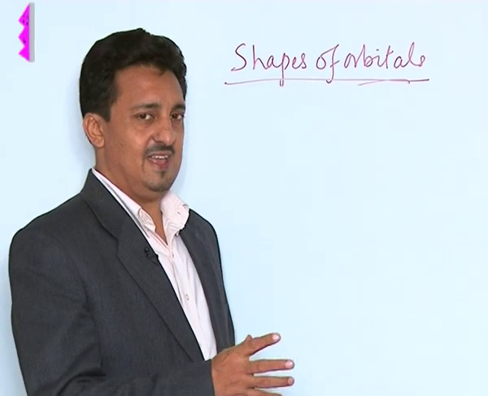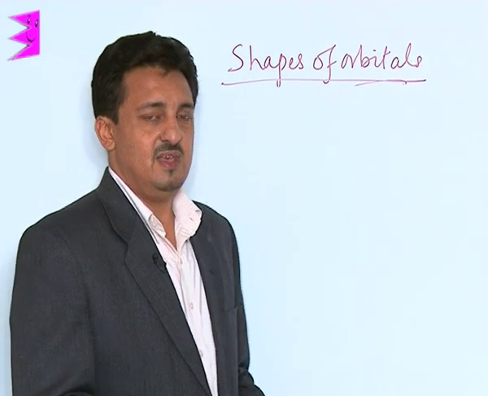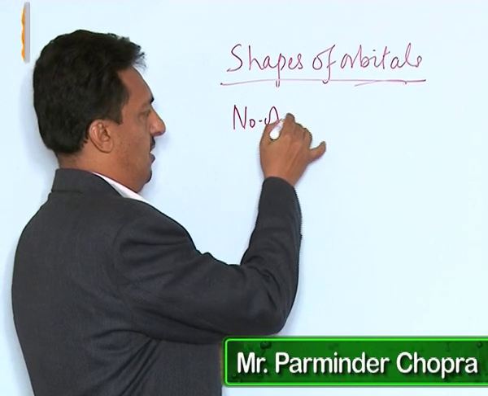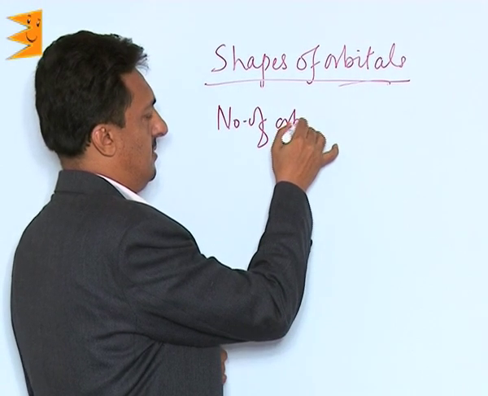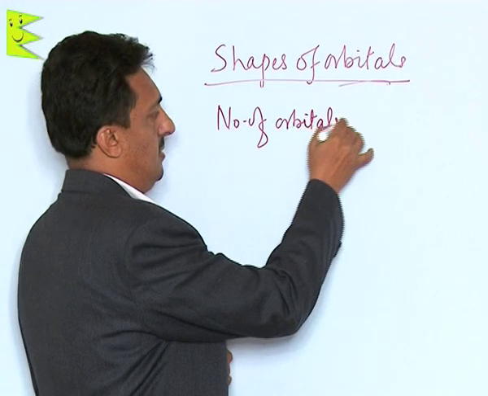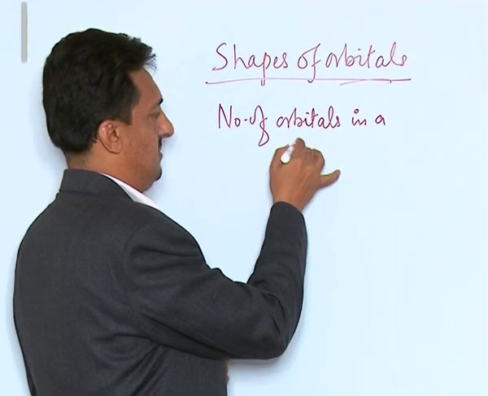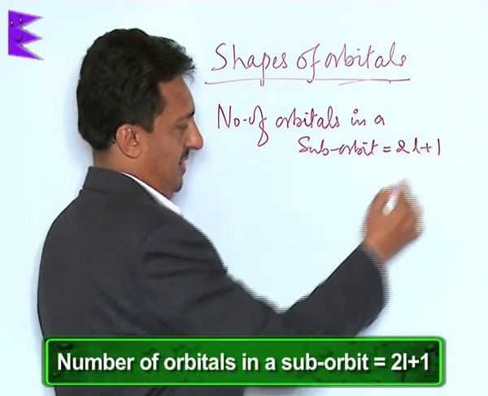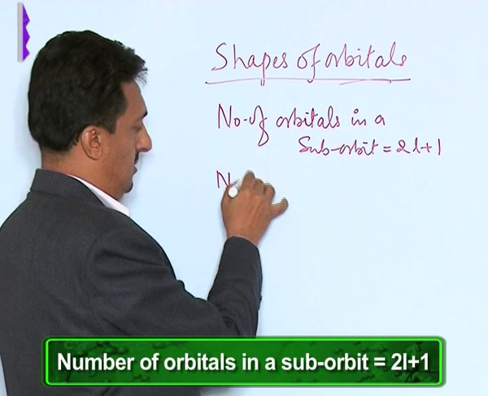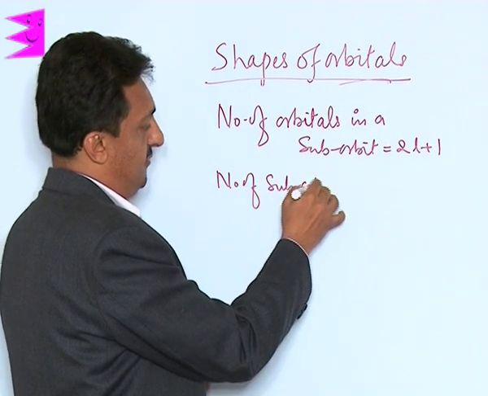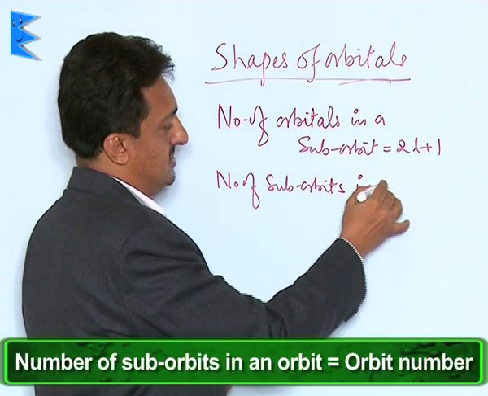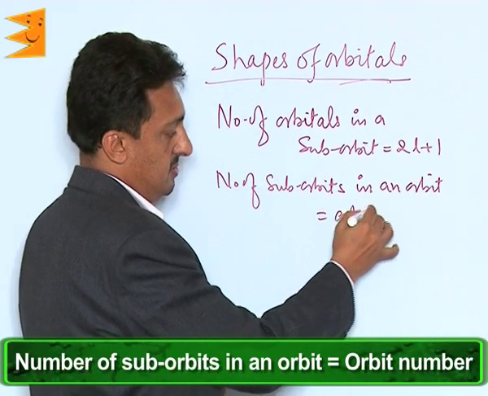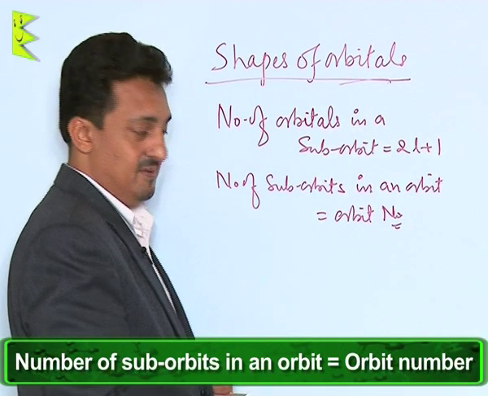Now after understanding the shapes of the orbitals, let us understand that the number of orbitals in a suborbit is always equal to twice L plus 1. The number of suborbits in an orbit is equal to the orbit number.